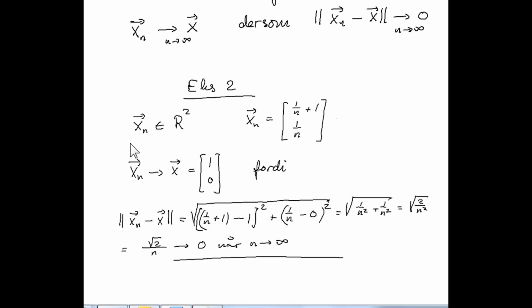If xn is a member of R2, a two-dimensional vector, defined in this way, where n is some positive integer, then this element will be a little bit larger than 1, and this element will be a little larger than 0. When n goes to infinity, this element will converge to 1, and this element will converge to 0.